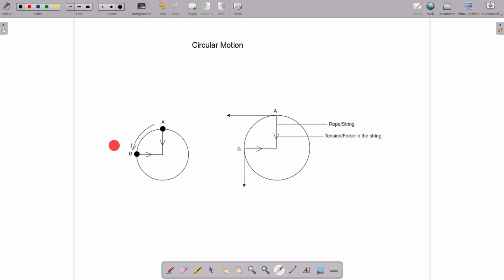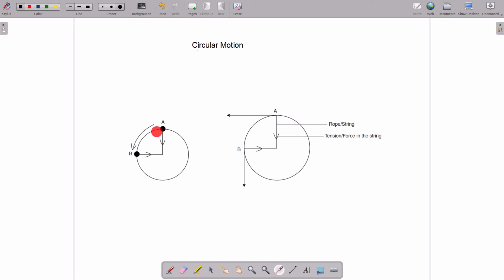But by moving from A to B, it stands to reason, based on Newton's first law of motion, that there is a force external to this body that is causing it to move in a circular path, but not in a straight line. The question then is, where does this external force come from?